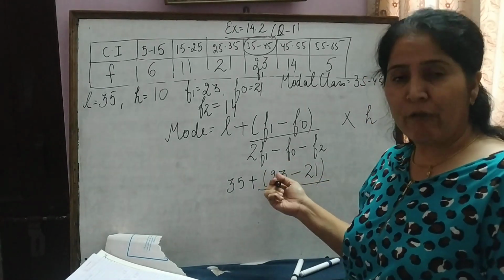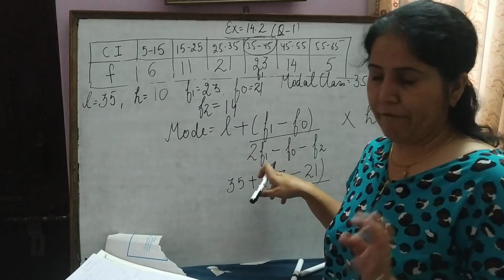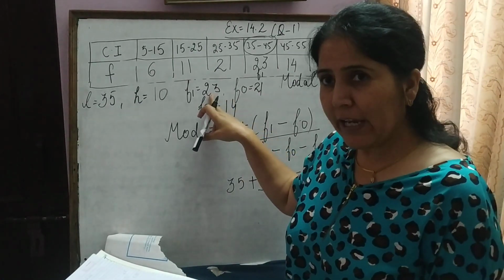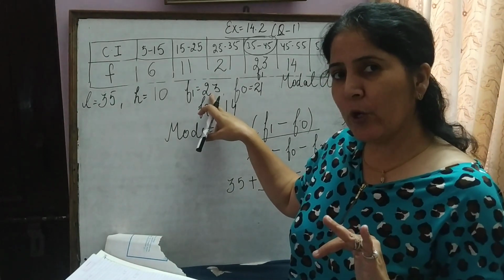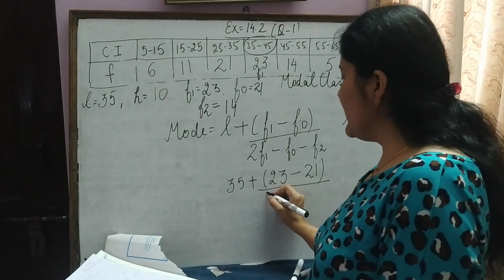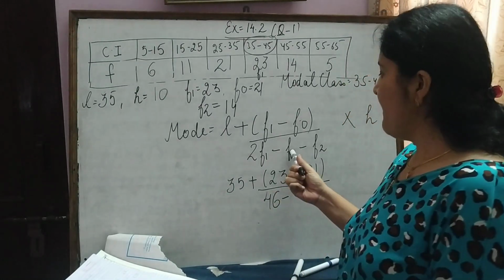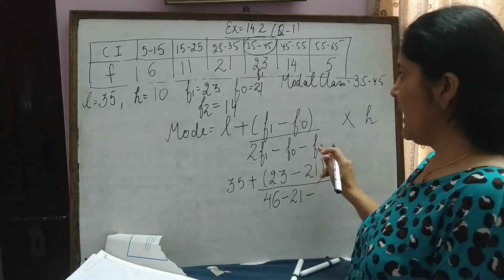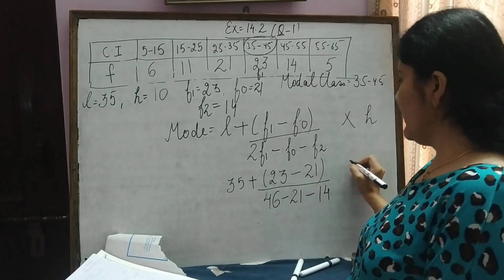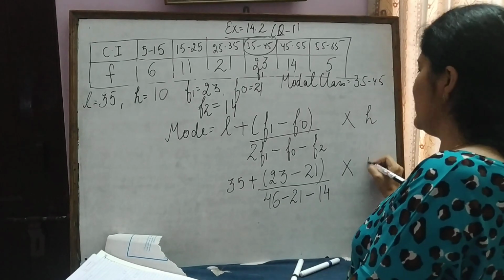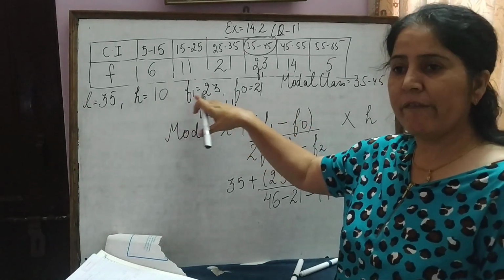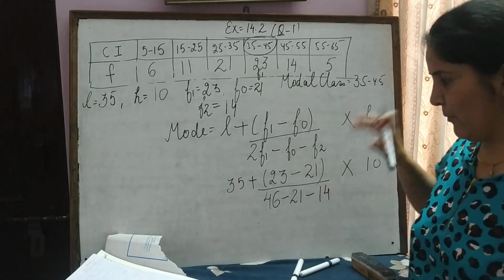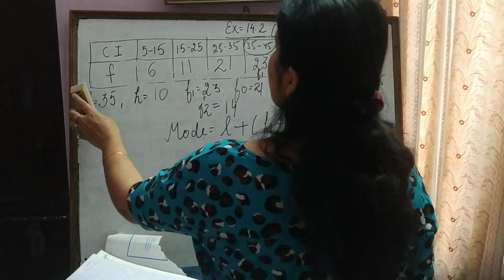Next is 2f1, meaning whatever is the value of f1, it should be multiplied with 2. So f1 is 23, 23 multiplied by 2 is equal to 46, minus f0, f0 is 21, minus f2, f2 is 14. And what is my h? That is 10. You can see that all the values I have written on the board, I have just inserted in the formula. Now the part which is left is the calculation part.